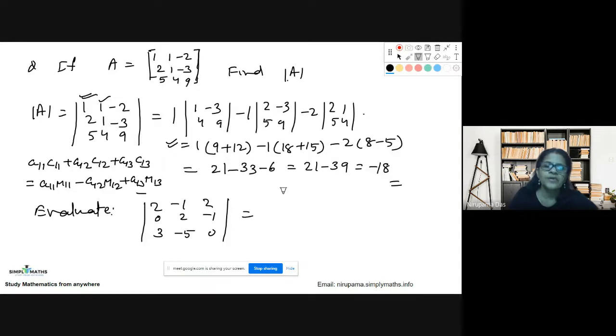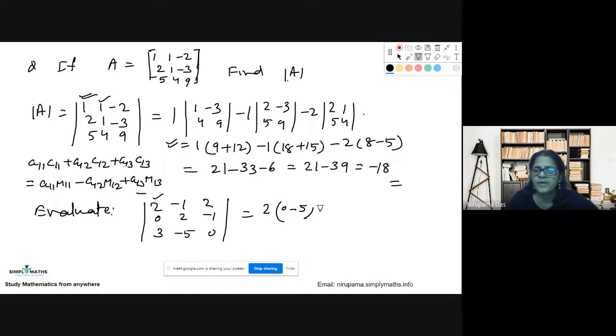Suppose I want to take the first column, which contains 0 entries. It is wiser to take it like this so that we can have less calculation. So I'm expanding from the first column. So 2 into the minor of this, A11 M11, right? The minor of this means 2 into 0 minus 0 minus 5 minus 1.